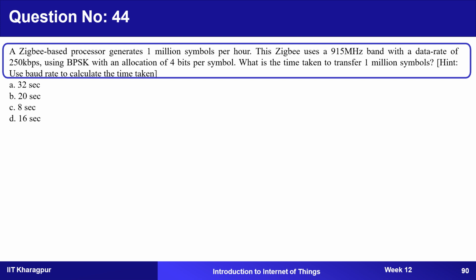One more hint, it has nothing to do with your Zigbee. Only you have to consider the data rate, that is 1 million symbols per hour, and second, the bandwidth. The first one is that it is generating 1 million symbols per hour. Second, data rate is given, and then bandwidth is given, 915 megahertz. Use these things in order to calculate the time.